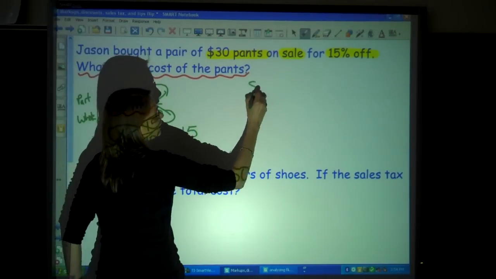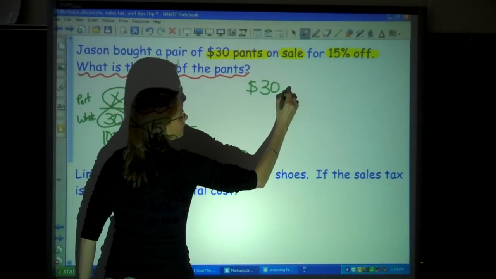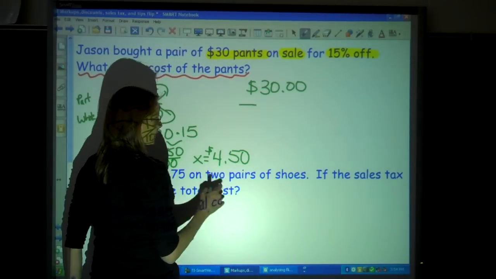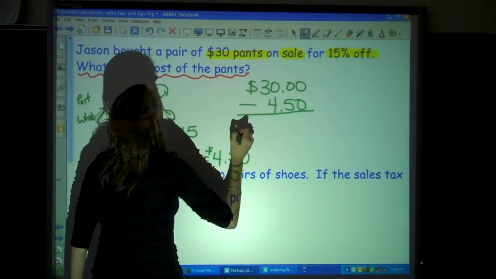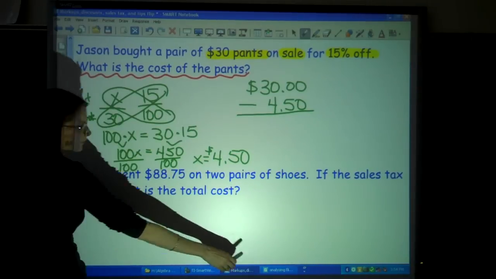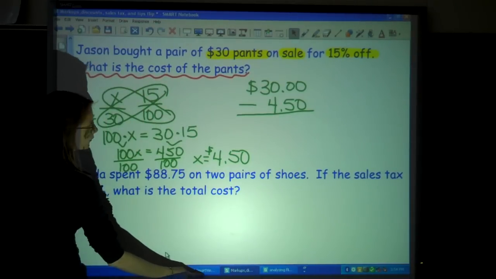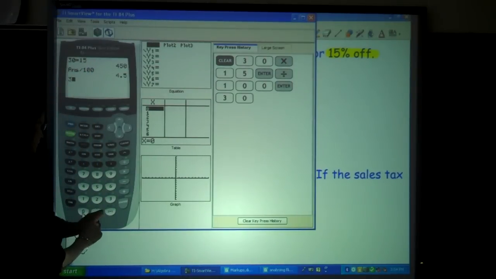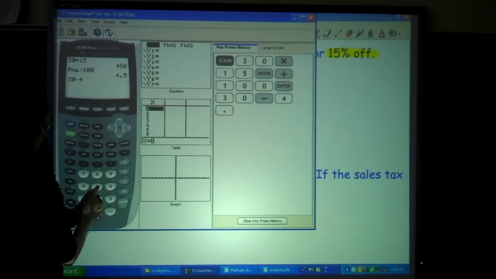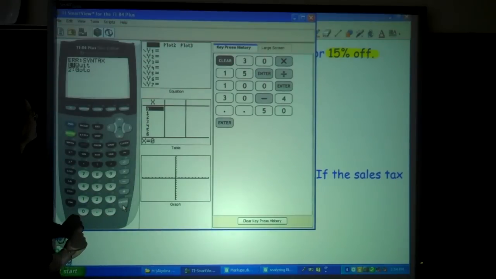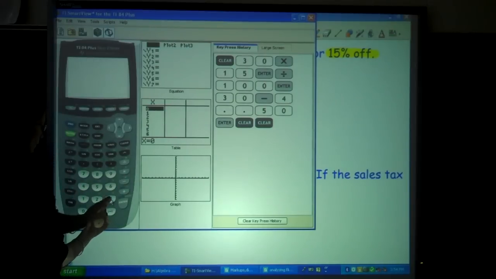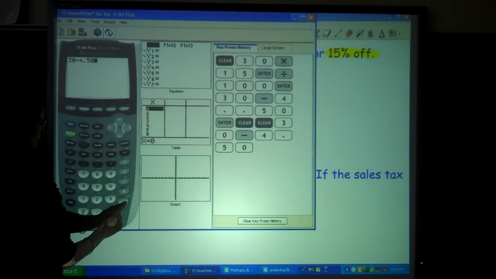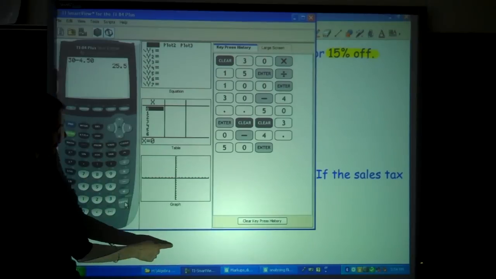So I need to take the $30 pants and subtract the $4.50 sale from them. So I'm going to stick that in my calculator. $30 minus $4.50, and I get $25.50.